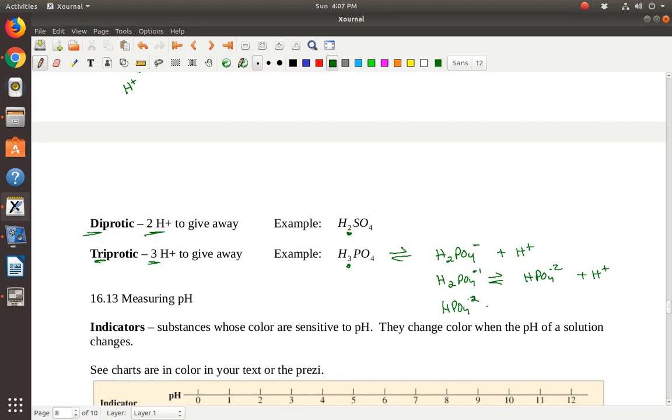Here's -1. And it could give away its last one and become the phosphate ion, and that's weaker. So the strongest acid would have been here. This would have been the strongest, and this would have been very weak. And notice it gave away 1, 2, 3 hydrogens. Triprotic.